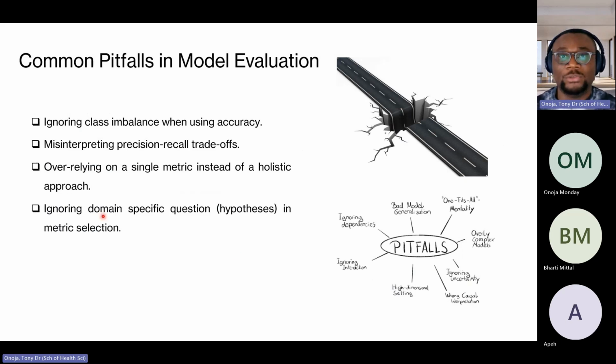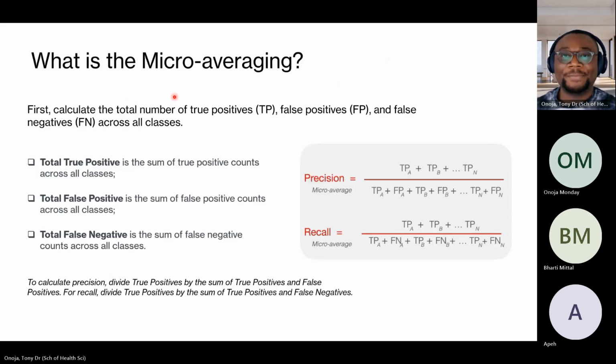Okay, I think there's a question, John. Yes, Doctor, I realized that the formulas for precision and recall, in this case, are the same. Am I not seeing it right? No, they are not. Remember that the precision talks about the row, the recall talks about the column.